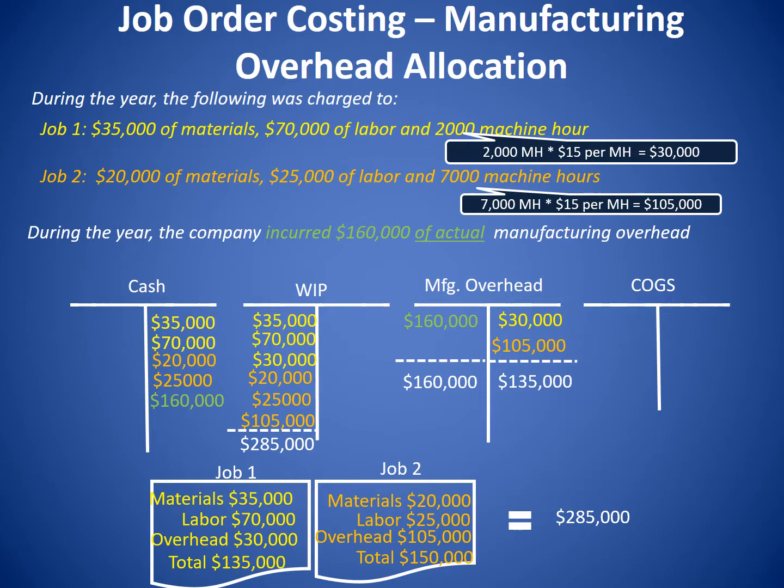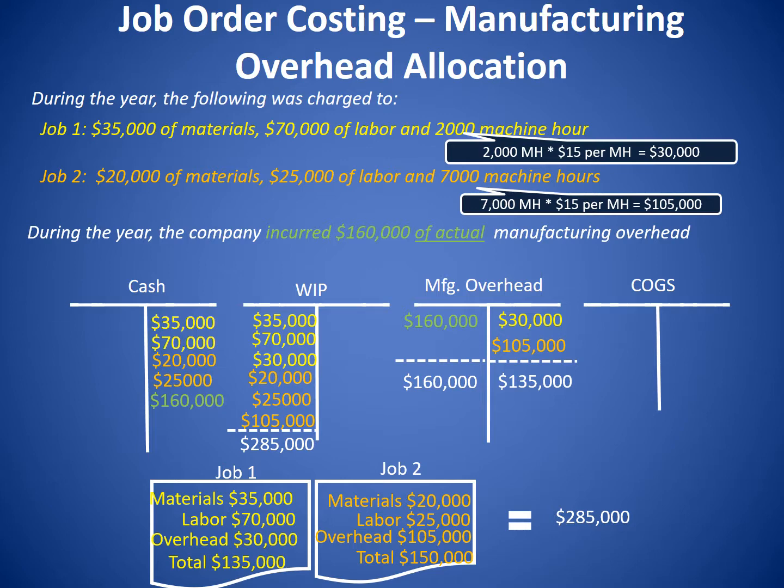That's extremely important. So in this case, if I didn't apply enough overhead, that means I have underapplied overhead. If the situation was reversed, and I applied more overhead than I actually incurred, I would have overapplied overhead. So in this case, you can see the difference between the two, 160 versus 135.